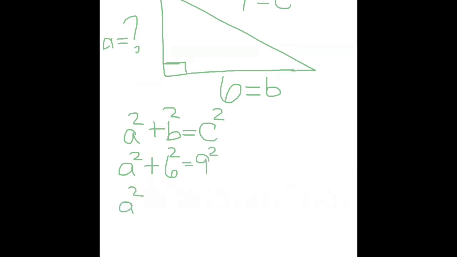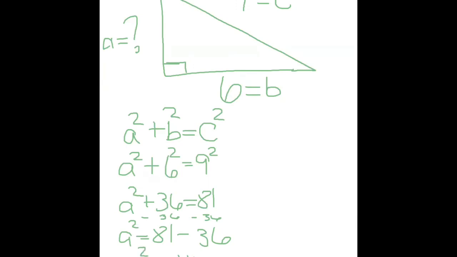A squared plus 36 is equal to 81. A squared equals 81 minus 36, because remember how you isolate the variable is doing the opposite on both sides of the equal sign. A squared is going to be equal to 45. To solve for A, I must take the square root.